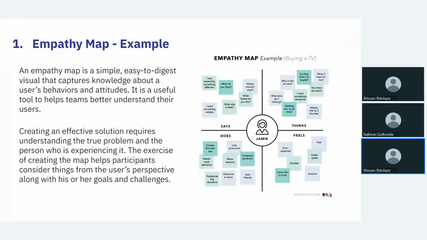I'm telling about the empathy map example. So the empathy map example is the one like the users. Let's take the user Jamie, and what she says. She came for something. There she's going to tell some excuses or some requirements for us.